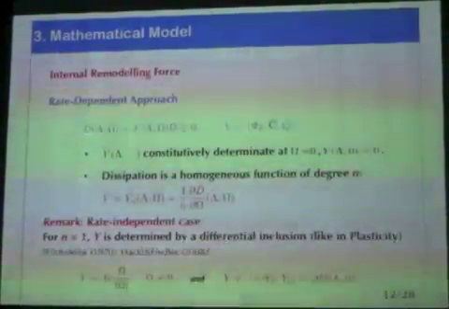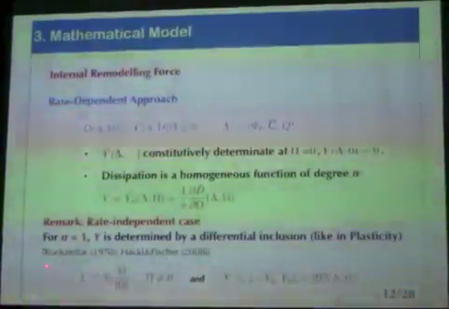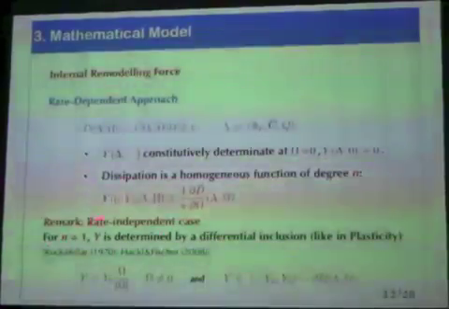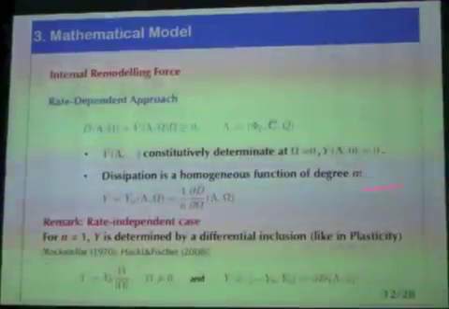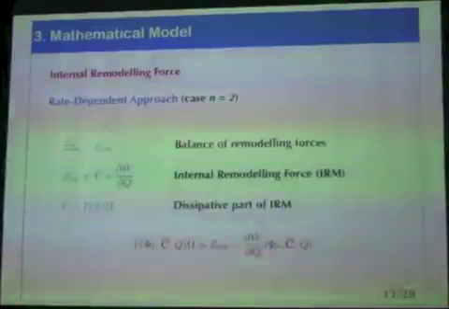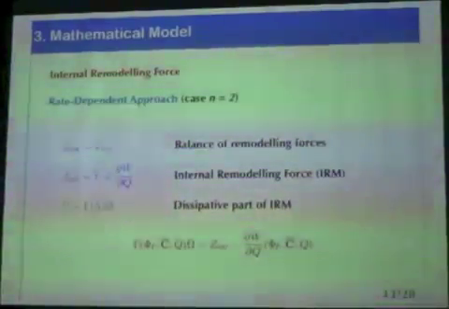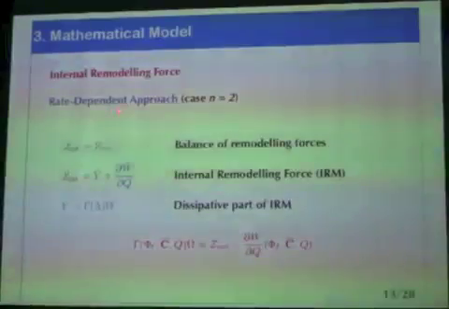But in principle, I may choose also a rate-independent form of the model, so dissipation which is homogeneous of degree 1, just to mimic plasticity. Why not? I might also have something like this. But since we want to make things very simple, let us assume that n is equal to 2, and let us write, just for completeness, how the rate-dependent model of remodeling reads.